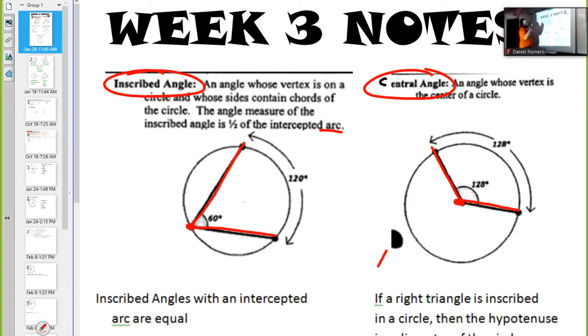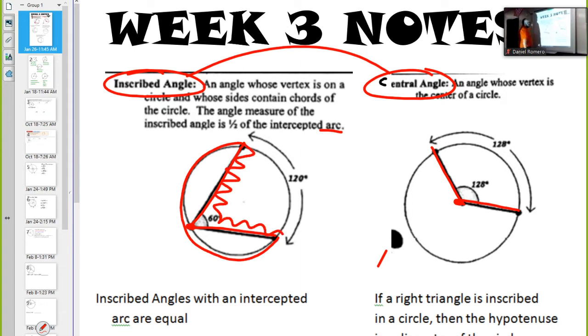Now, the way we get that arc measure can depend on these two types of angles inside of a circle. So we have to learn the relationship. Here's the way I teach it. Think of this as like being Pac-Man. If you look in the jaws of Pac-Man, inside the mouth, there's a piece of a circle, also known as an arc.